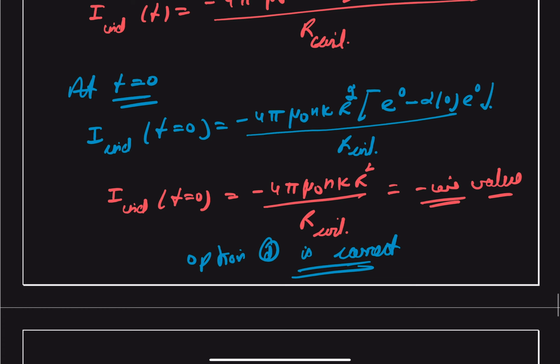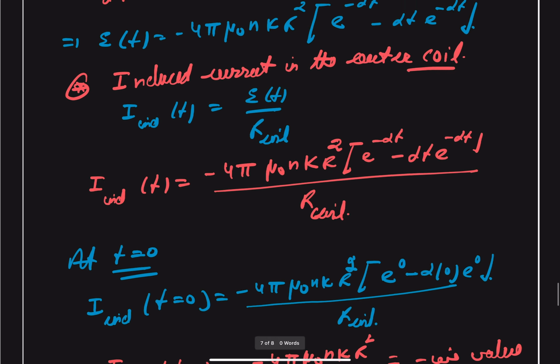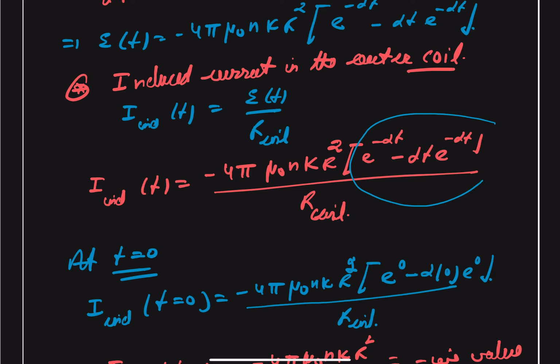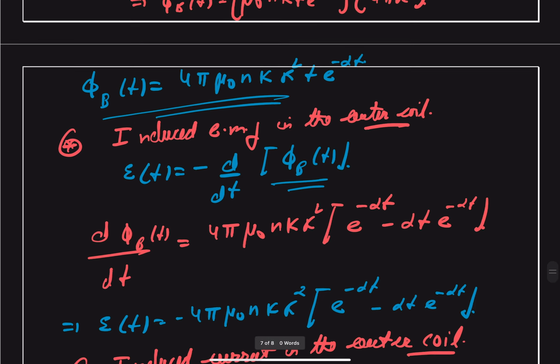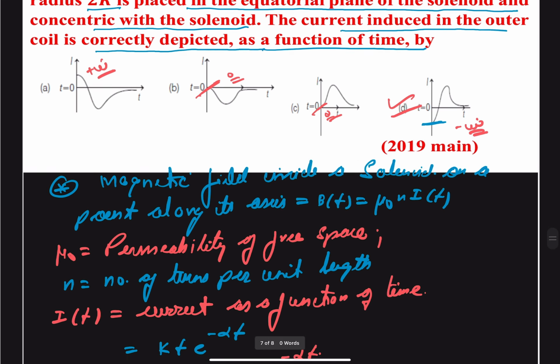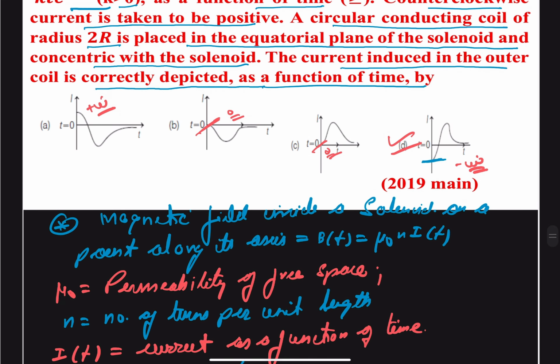And from this expression, we can also get a rough approximate idea of the graph, because the shape of the graph other than the initial point is almost the same in every option, here and in C as well as in D. The basic shape is the same.